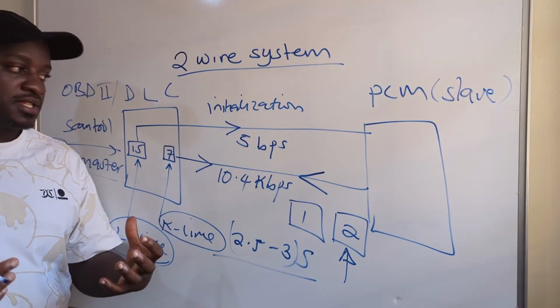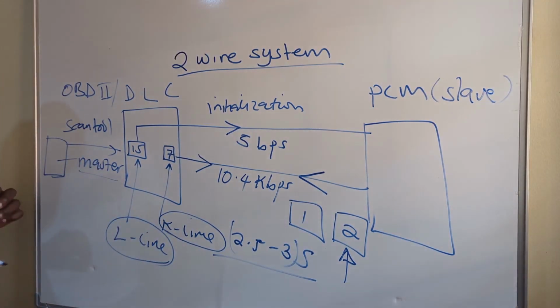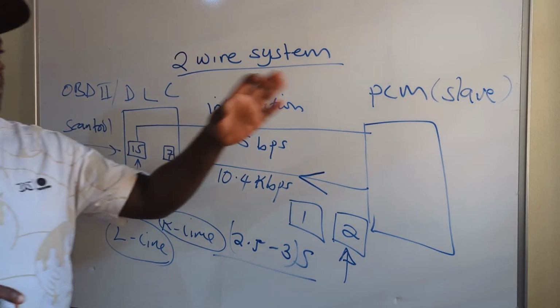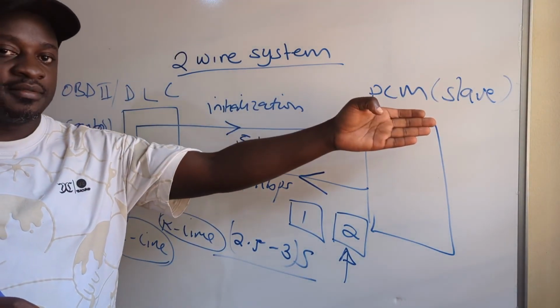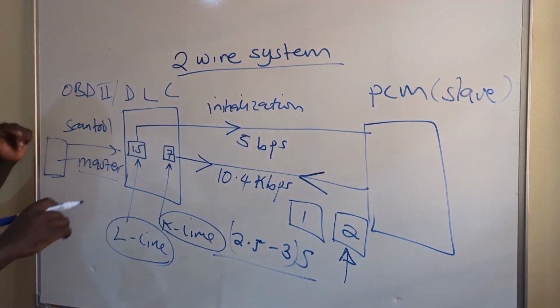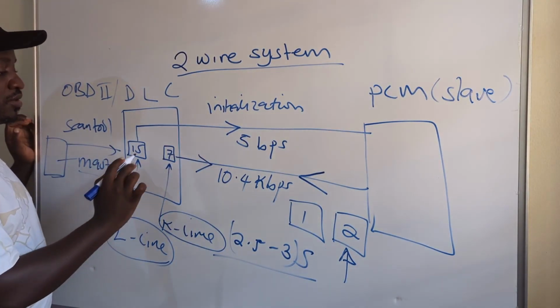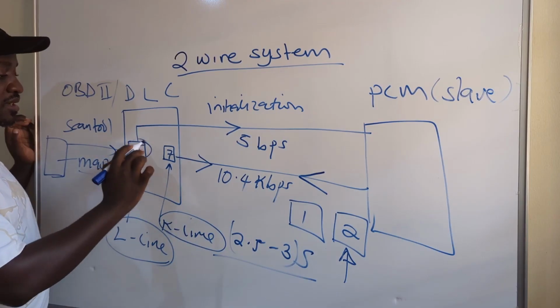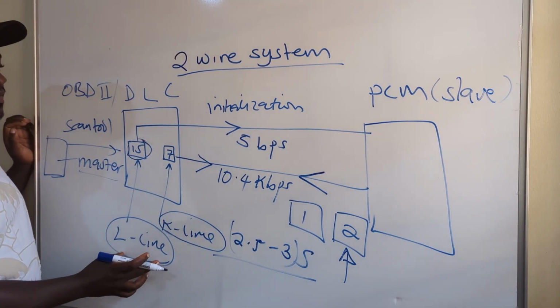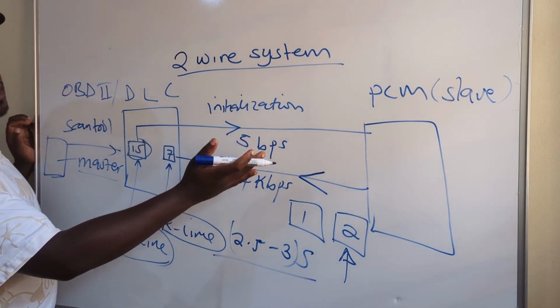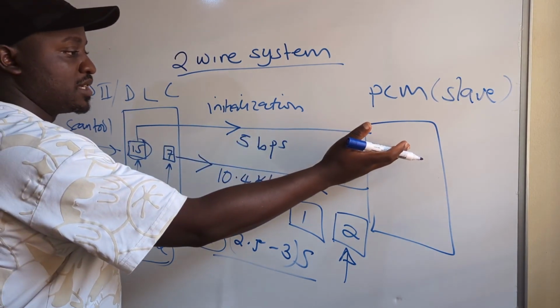So let me summarize this. Whenever you connect your master, which is your scan tool, to the OBD2 port, trying to communicate with the PCM, which is the slave, the scan tool will send an initialization code on pin 15, which is the L line, and this is usually at a speed of 5 bits per second to the PCM.